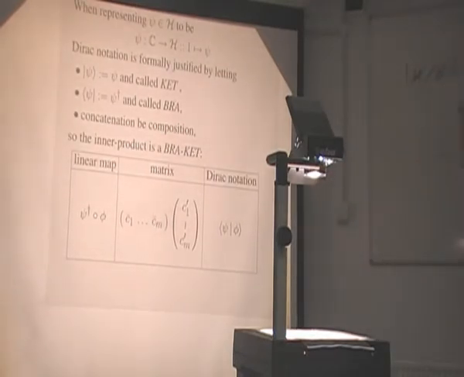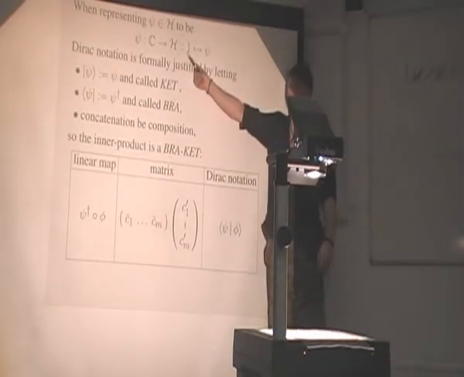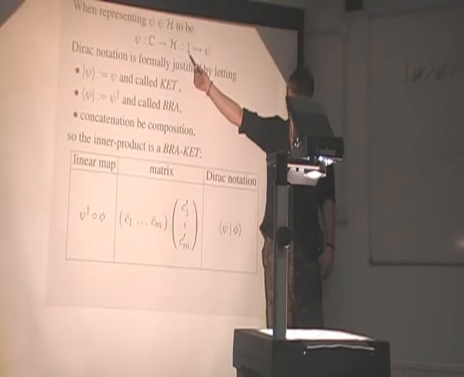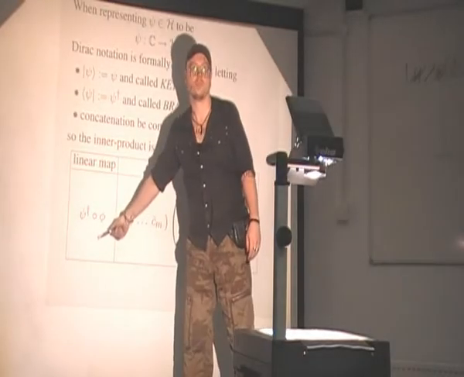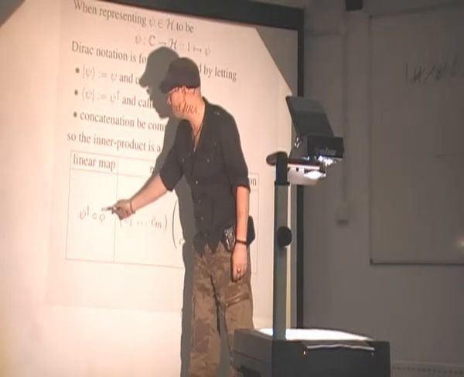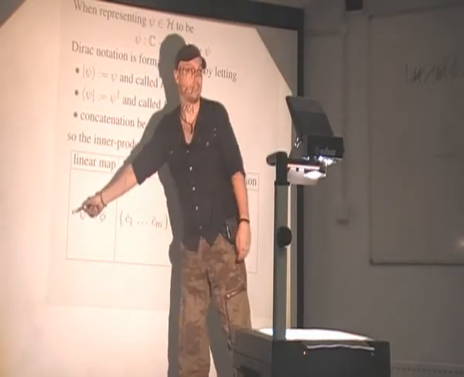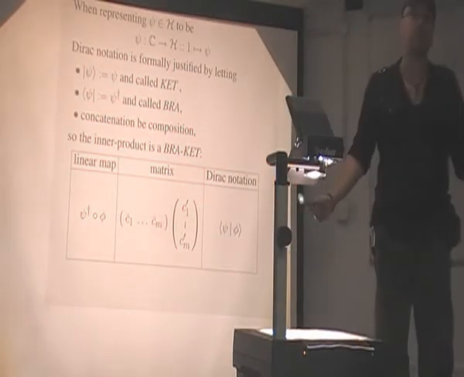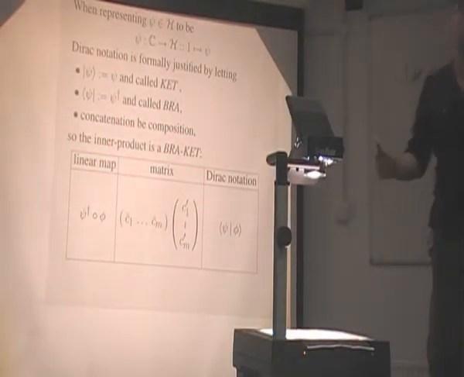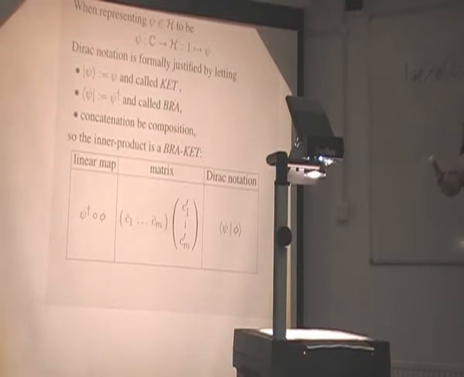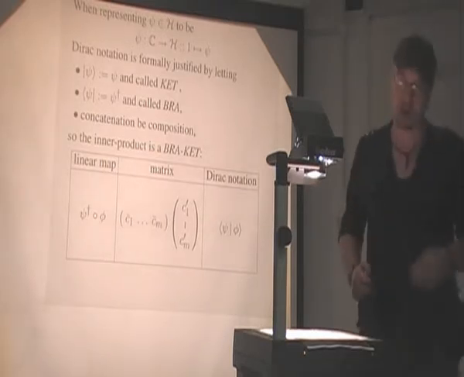It sounds a bit weird to chop up the inner product in two, but if you interpret your vectors like this, there is no problem with it. It's a composite of linear functions. It goes from the complex numbers into H, and then back into the complex numbers. So it gives you a linear map from the complex numbers to the complex numbers. What is a linear map from the complex numbers to the complex numbers? It's a complex number, because if you know the image of 1, you get a single complex number. So when you feel it's becoming more categorical here, you're reasoning about functions and morphisms. That's the natural way to interpret Dirac notation, I would say.